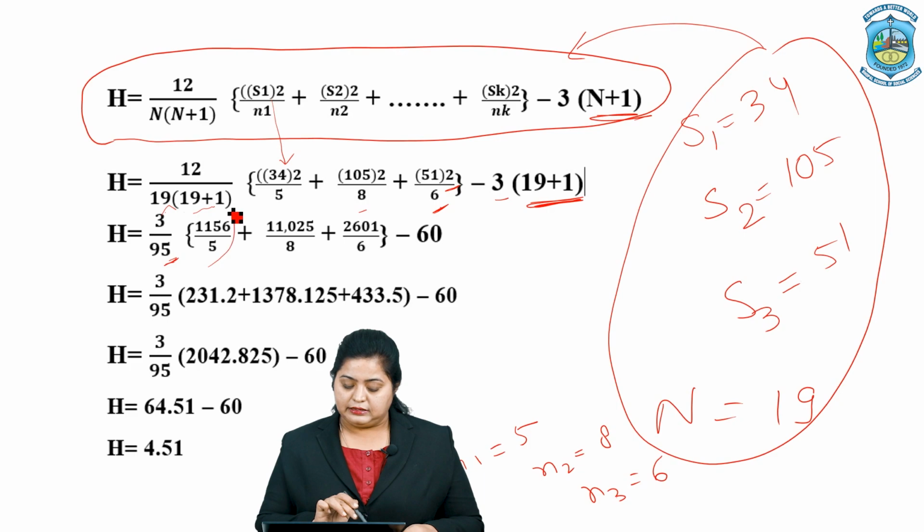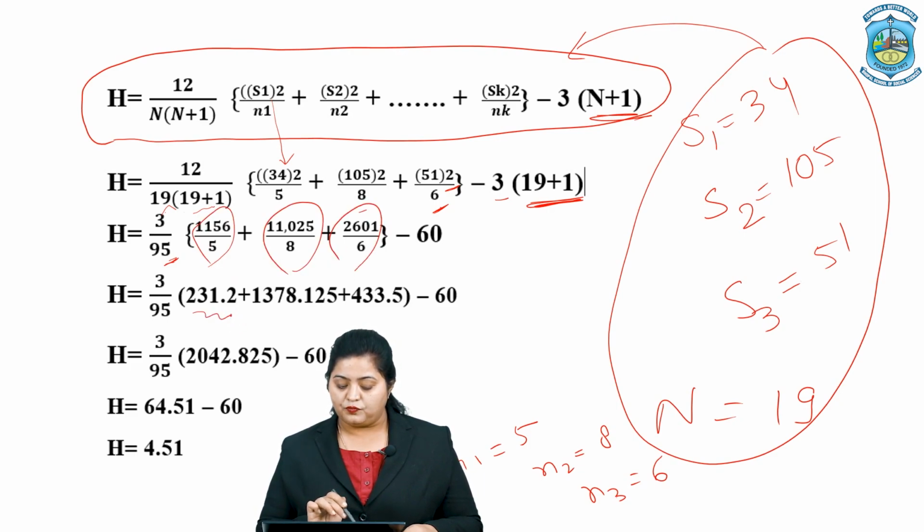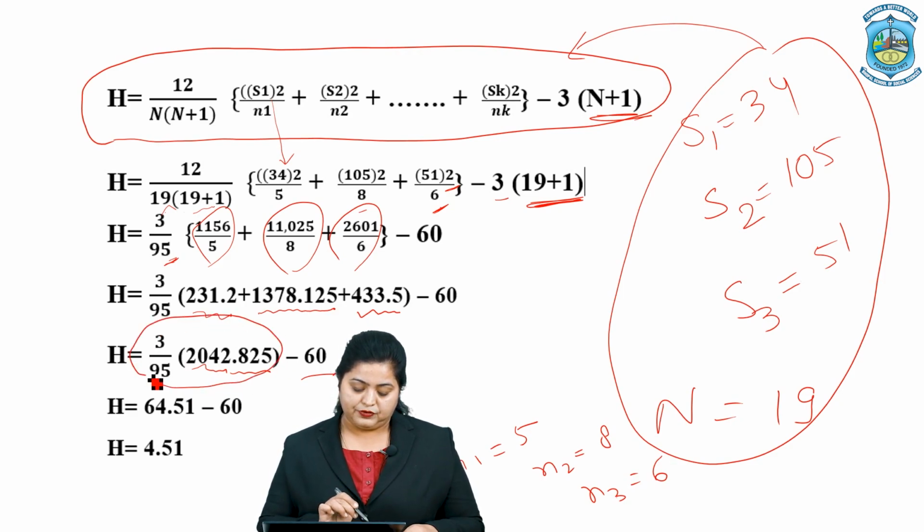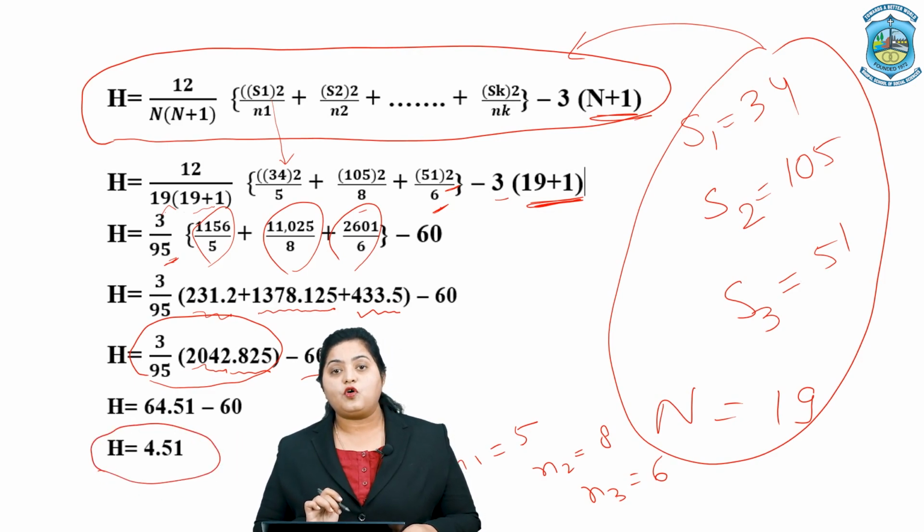After dividing these numbers, we have 231.2, 1378.125 and 433.5. Now finally we have 12 by 95 times 2042.825 minus 60. After calculating this portion, we have 64.51 minus 60, and our H value is now 4.51.